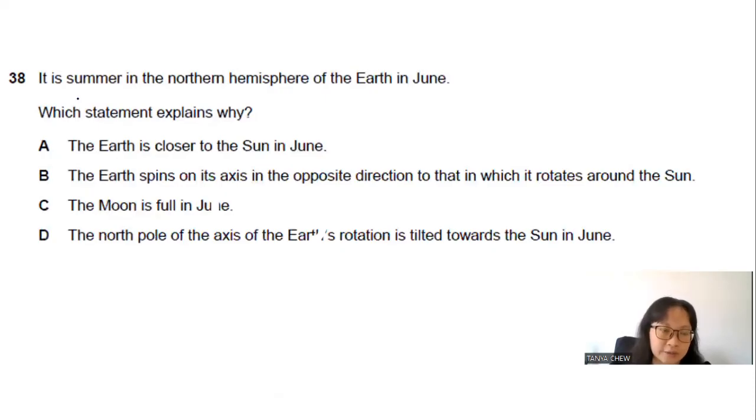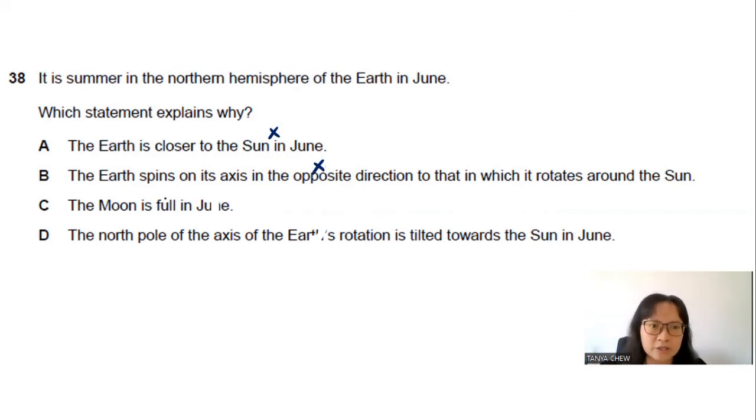Question number 38. It is summer in the northern hemisphere of the Earth in June. Which statement explains why? A, the Earth is closer to the sun in June. Not true. B, the Earth spins on its axis in the opposite direction to that in which it rotates around the sun. That is not the explanation for why there's summer.